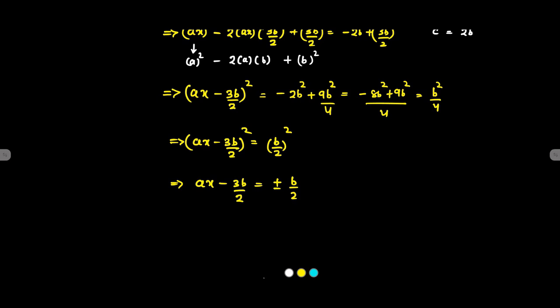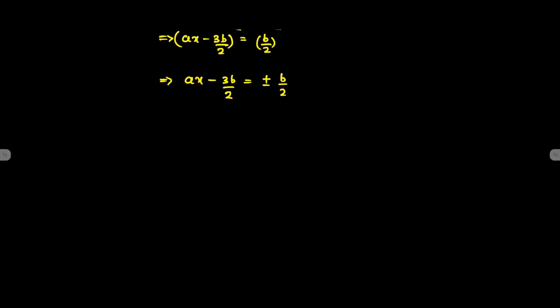That implies ax is equal to 3b by 2 plus minus b by 2.